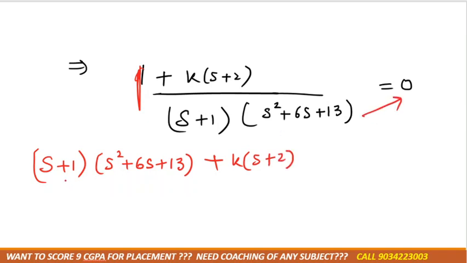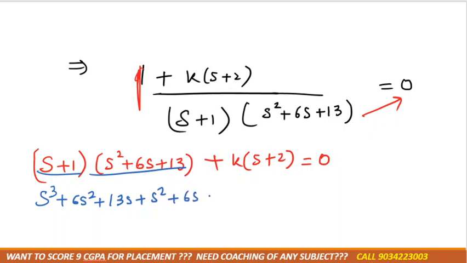That term goes to that side, that would be equal to 0, correct. Now we need to multiply this equation with this equation, so it would be s cube plus 6s square plus 13s plus s square plus 6s plus 13, right, plus K into (s plus 2) is equal to 0.